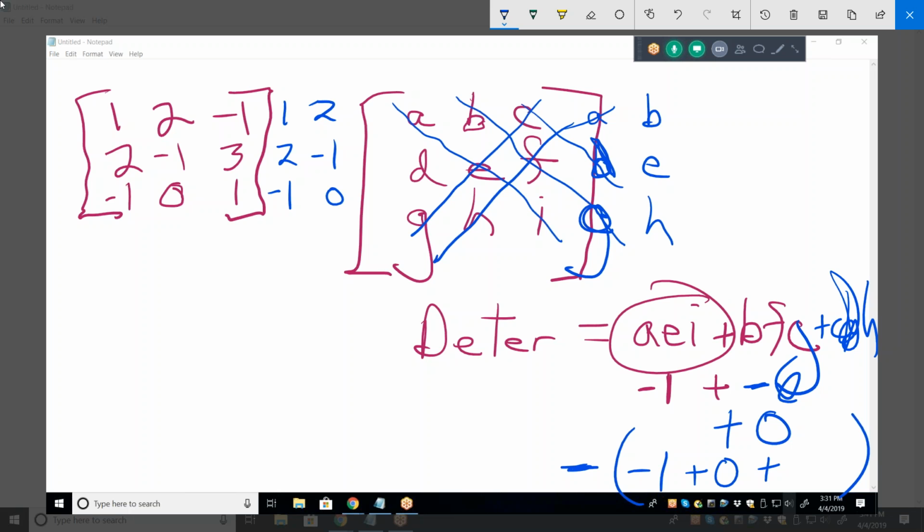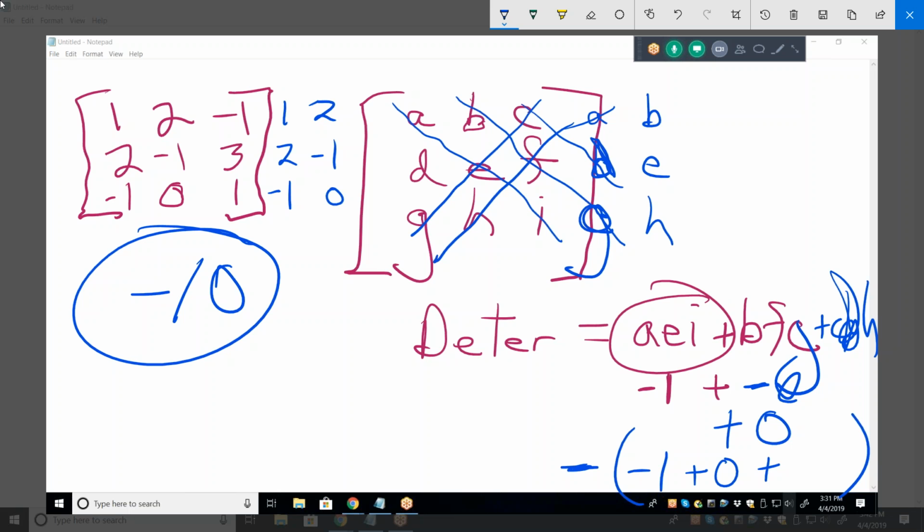Yes. I'm becoming more convinced that this is the correct way to do it. This determinant is minus 10. Yes, sir. Minus 10. Now, whether we get it or not, I don't know.